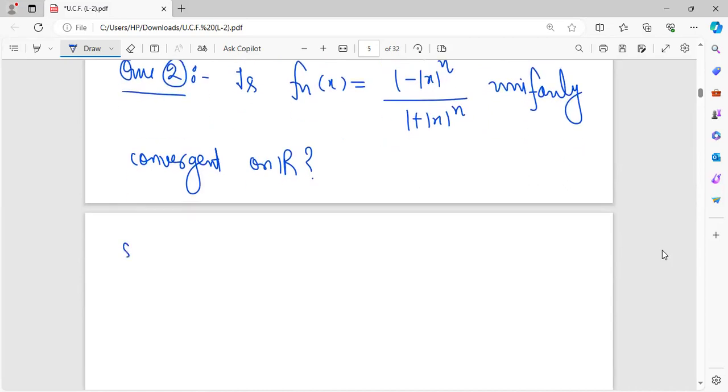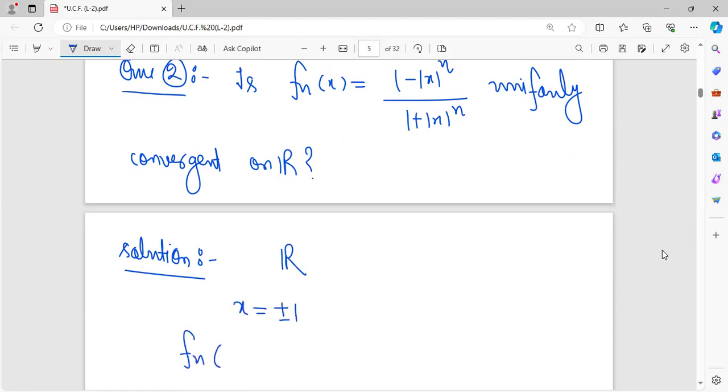So let's see it. First you calculate the pointwise limit. What is the pointwise limit? I have R. First of all, I am taking x equal to plus or minus 1.